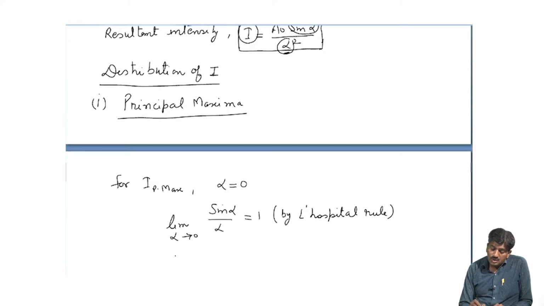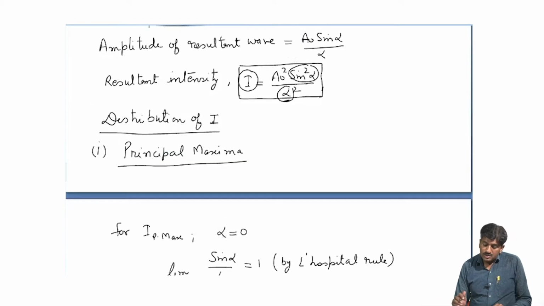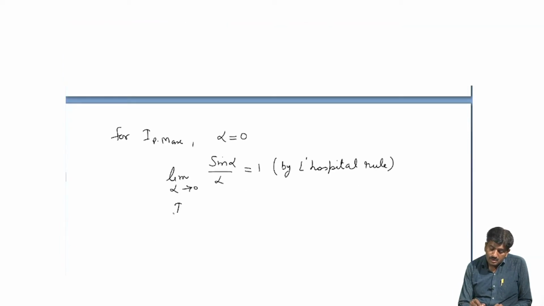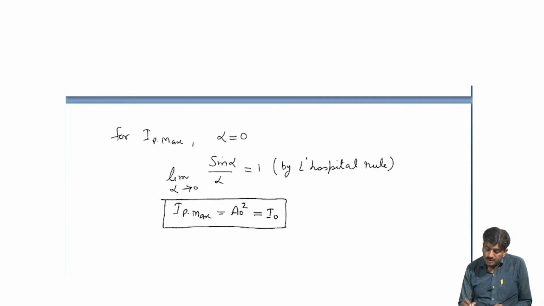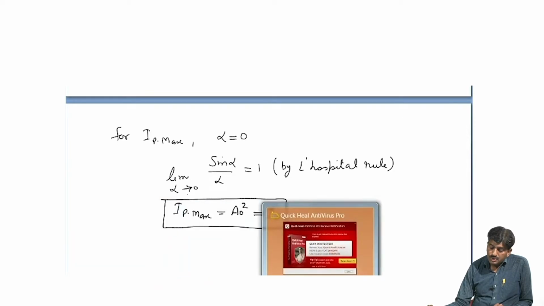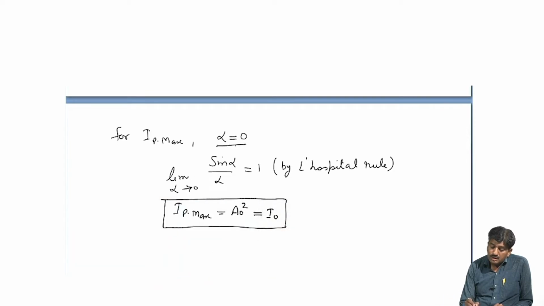It means this term becomes 1, and the intensity of principal maxima becomes A naught square. We can also denote it by I naught. This is the intensity of principal maxima, and the condition for it is alpha equal to 0.